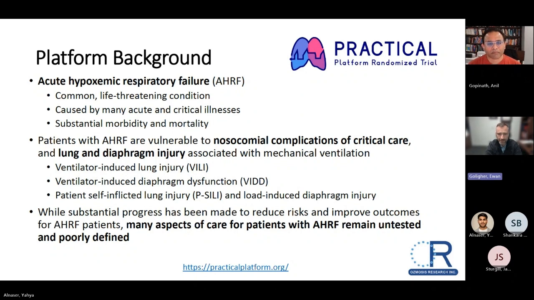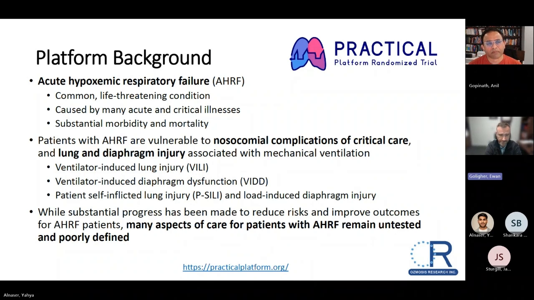Because patients with hypoxemic respiratory failure are vulnerable to a range of nosocomial complications, in particular issues like lung and diaphragm injury, the platform's focused on essentially trying to optimize supportive care management.